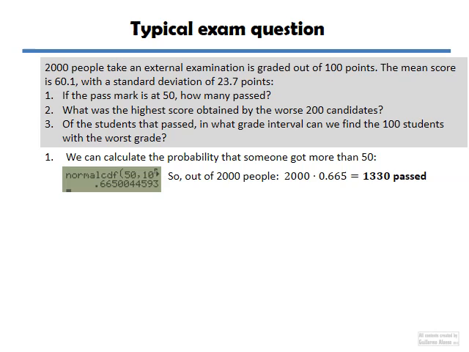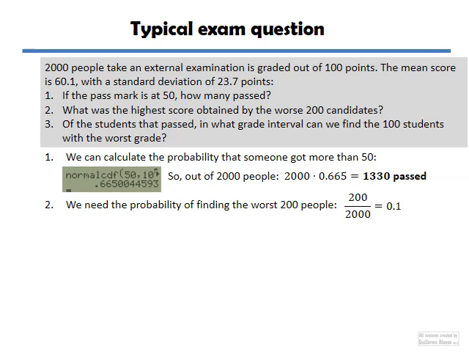Question 2. What was the highest score obtained by the worst 200 candidates? Well, I need to find the probability of finding the worst 200 people. The probability of the worst 200 people is 0.1, right? If I have 200 people out of 2,000, and I mix them all up and pick someone random, the probability that person belongs to the worst 200 people is 0.1.